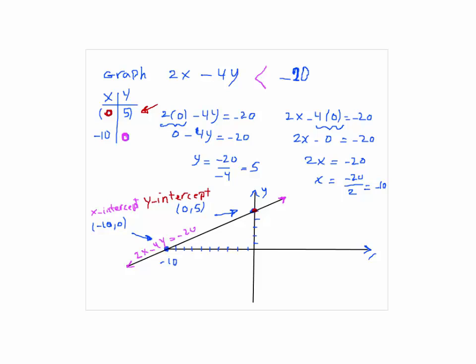That's what we graphed. If it says less than minus 20, can somebody tell me how you would handle that if it were an inequality? How do you graph that? Where would be a solution to this?